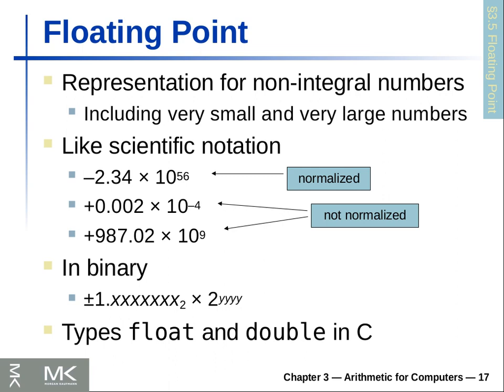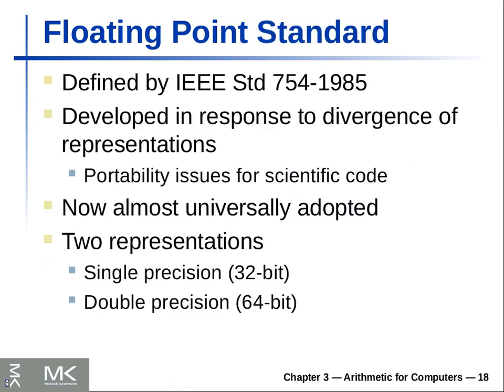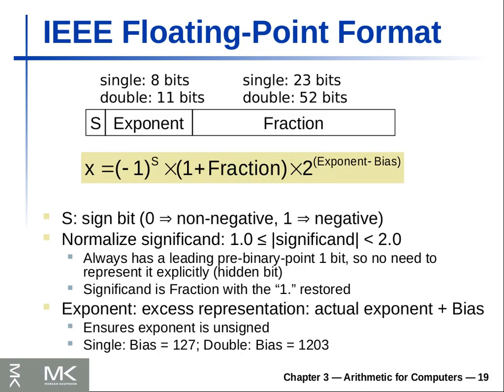So you have different types of floats, or floating point. You have float and double in C. This has been standardized. Here is the way it is stored. Your first bit is the sign. Is it negative or positive?